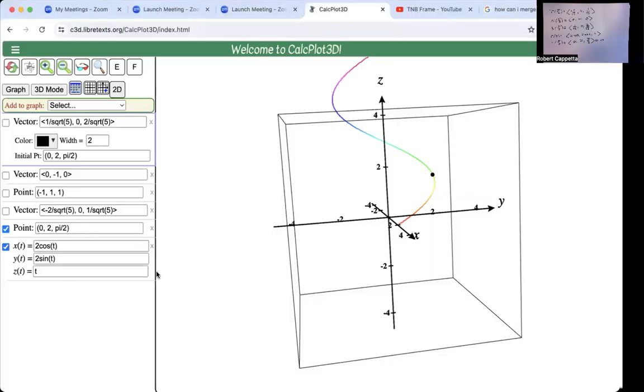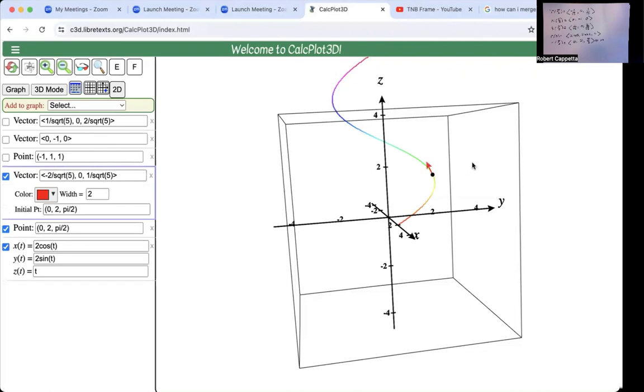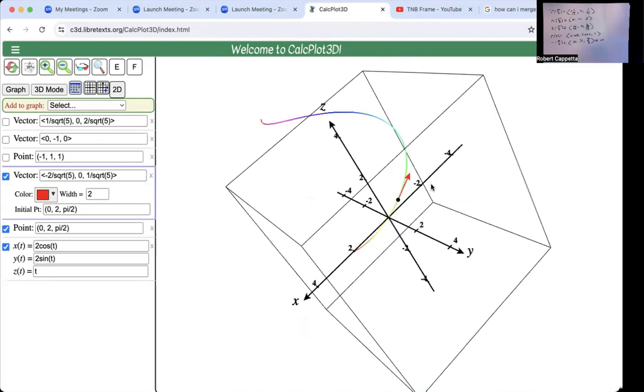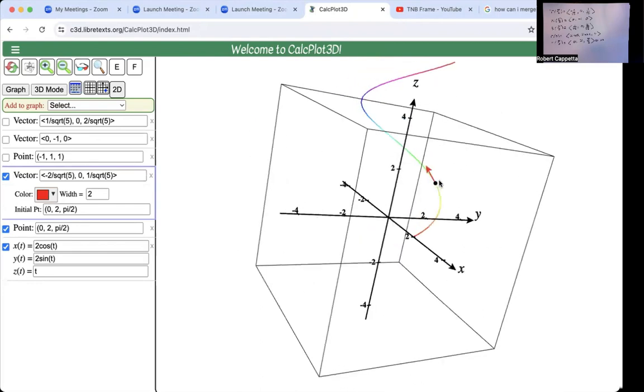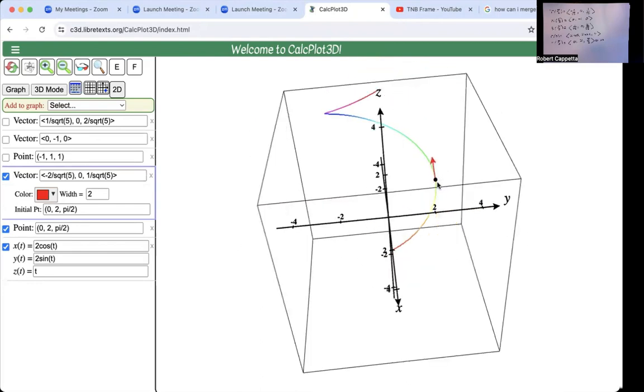So the first vector I want to put on here is T, which is negative 2 over root 5, 0, 1 over root 5 at the point 0, 2, pi over 2. So I've got that vector on and it's red. Now, does it look like it's heading in the same direction as the curve? Can you believe that that's the unit tangent vector?